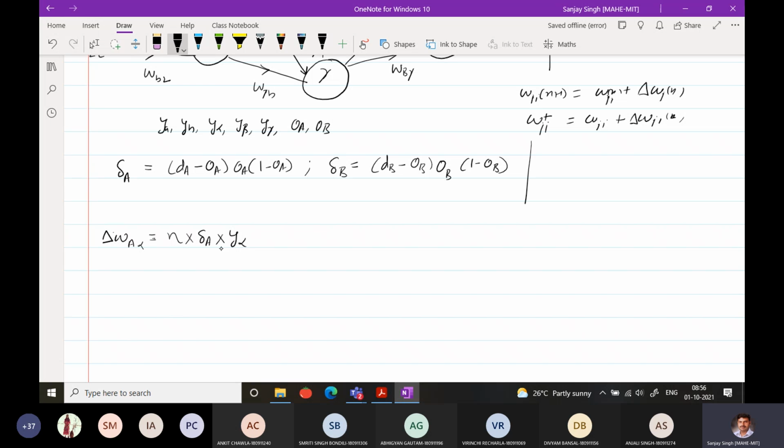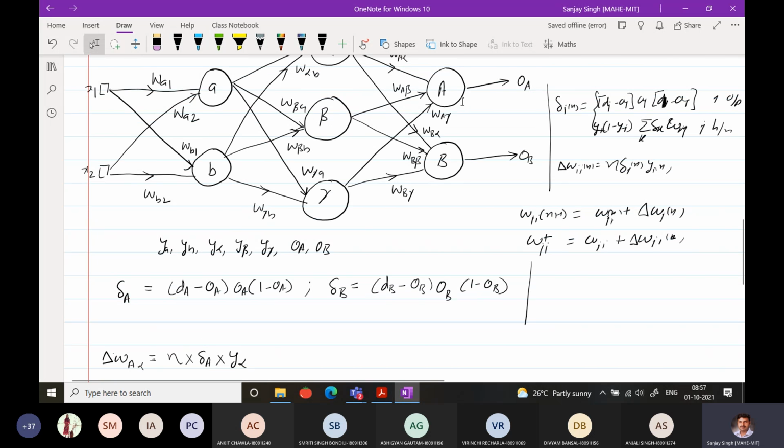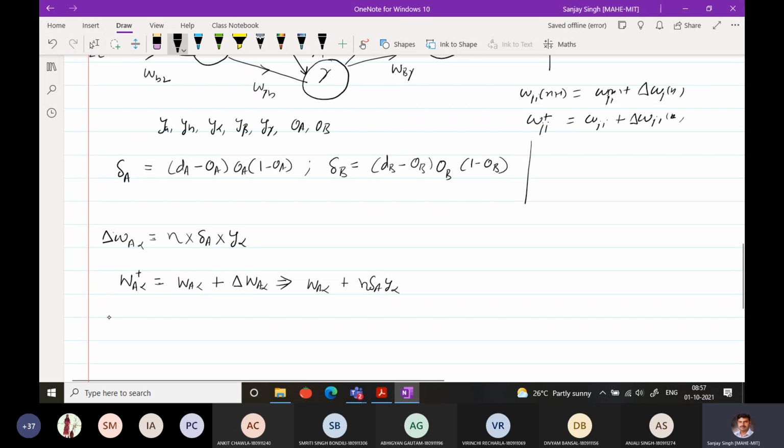So likewise, I can say that the updated version of WA alpha is WA alpha plus delta WA alpha, which is WA alpha plus eta delta A Y alpha. In the same way, I can write the other weights A is getting.